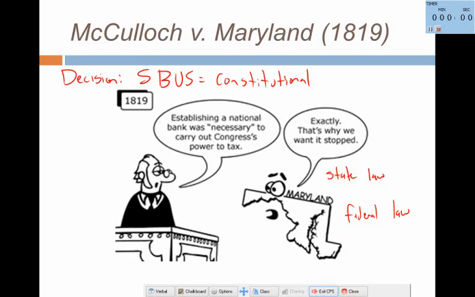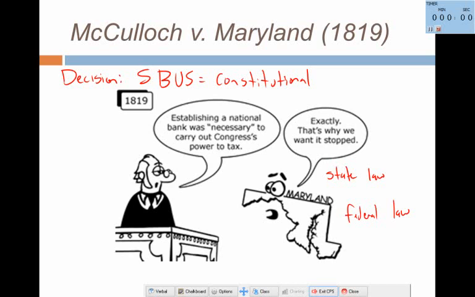So pretty much, folks, which laws are higher, federal law or state law? Federal law. So if the federal government said everyone must wear the color blue, can the state say no, everyone must wear the color red? No, they cannot, because that conflicts with federal law. So that's McCulloch v. Maryland.